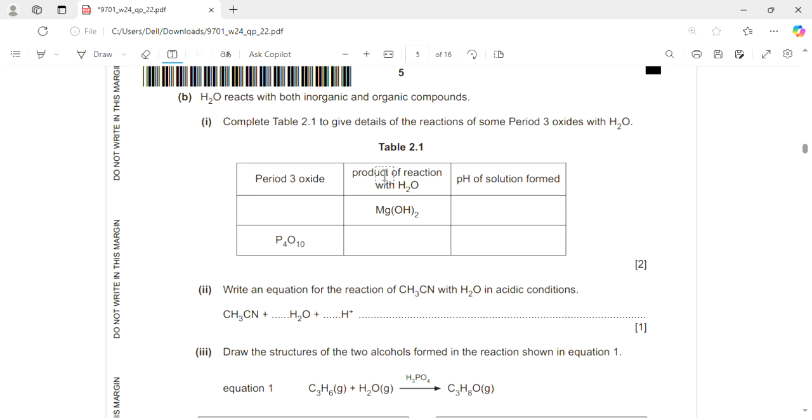Okay. It means period 3 oxide which is magnesium. The period 3 oxide must be magnesium oxide because we have the product of the magnesium oxide. So period 3 oxide is magnesium oxide, MgO.